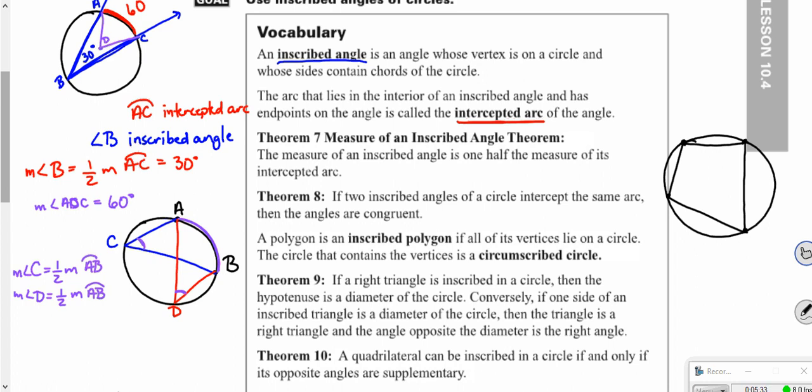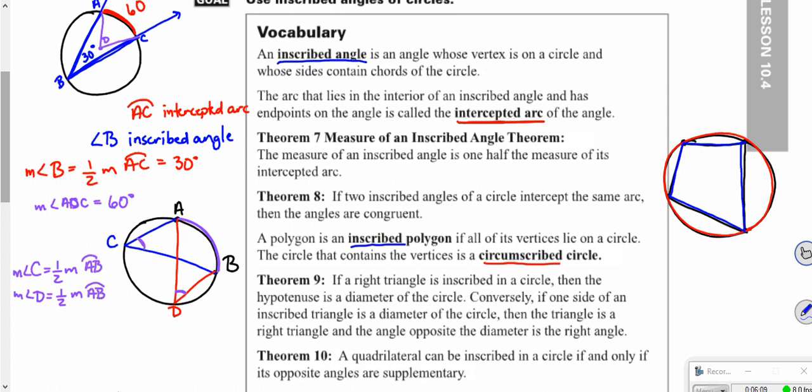The polygon is called inscribed because its sides literally lie inside the circle, and the circle that contains the vertices is circumscribed. So circumscribed is the circle that's outside. Inscribed is, of course, the polygon where all the sides are inside the circle. So inscribed is kind of inside and circumscribed is outside.